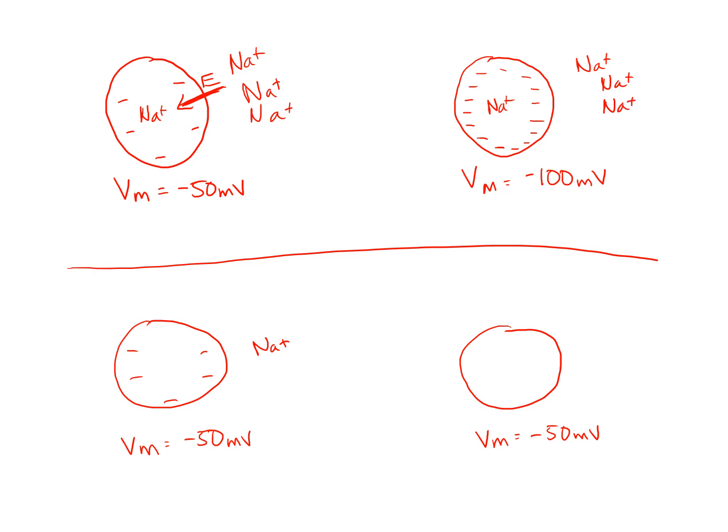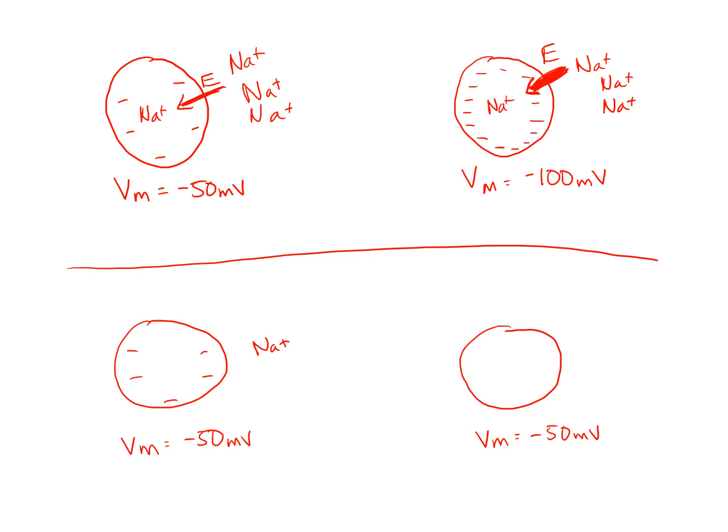Now, looking at our electrical driving force, sodium says, oh my gosh, I really want to go into that cell, even more than I did at minus 50 millivolts, because now there are even more negative charges. So I would draw my electrical driving force as a thicker arrow, indicating an even stronger electrical driving force than at minus 50 millivolts. Electrical driving force can change size or strength depending on the size of your membrane potential.